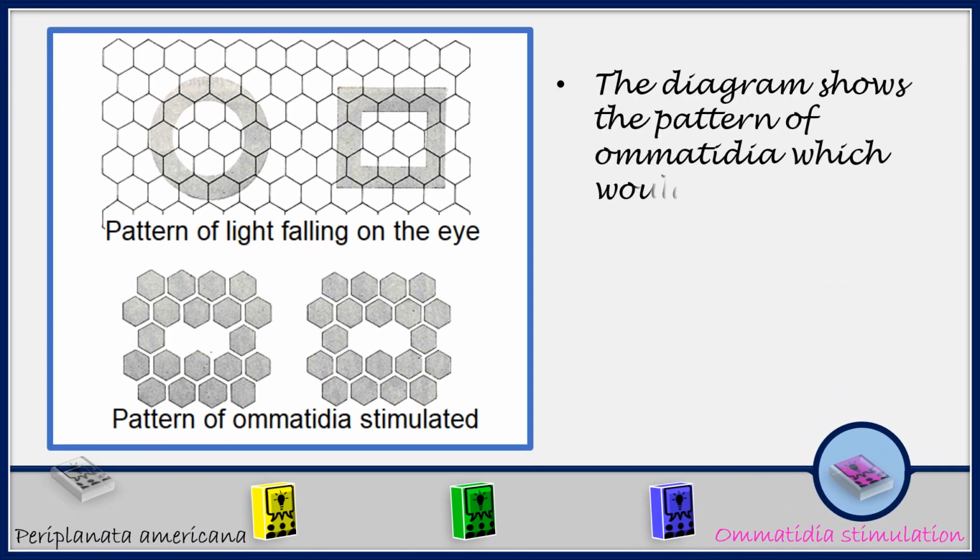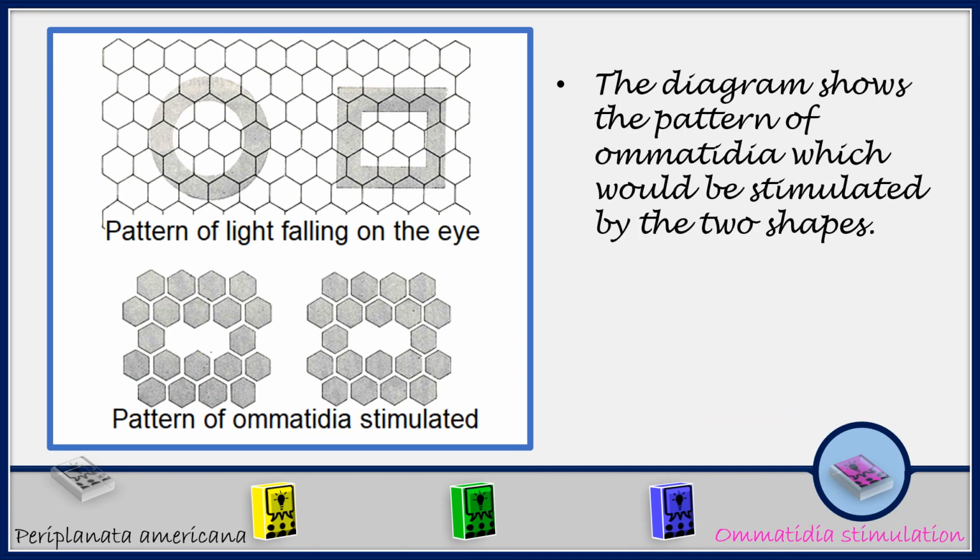So now we want to look at how the insect is going to perceive these different light patterns. The diagram shows the pattern of ommatidia which would be stimulated by two shapes. Let's take this one as our lenticular lens on top of the compound eye.